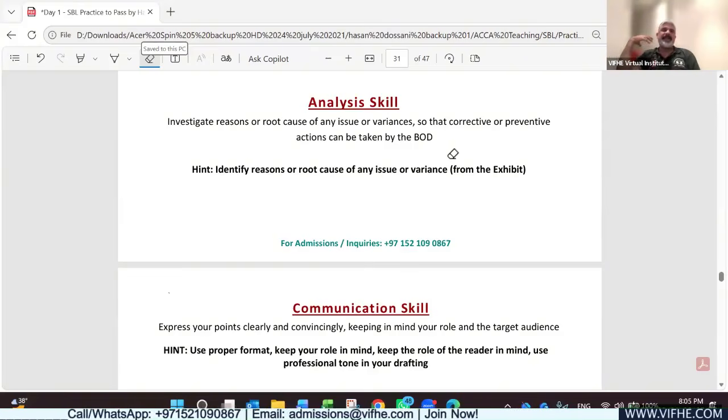Normally analysis skills are tested in financial analysis questions, identifying the variances, the reasons, where you need to look for the reasons. Analysis skills simply means investigating the reason.